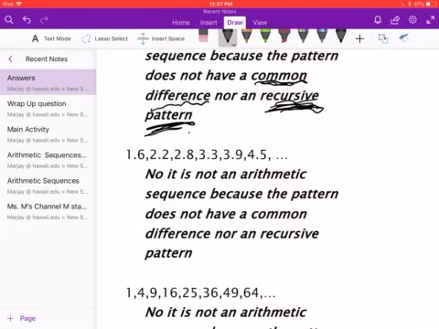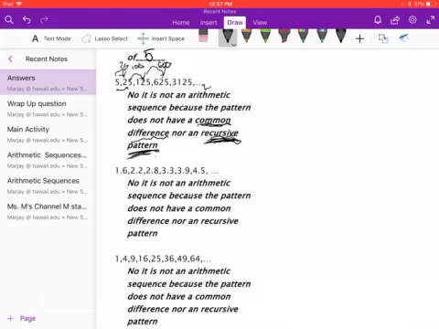Yes. Next one. Same thing as the previous one. This is not being added with a fixed number again. Because from 1 to 6, they added 5. But from 6 to 2, they subtracted 4.